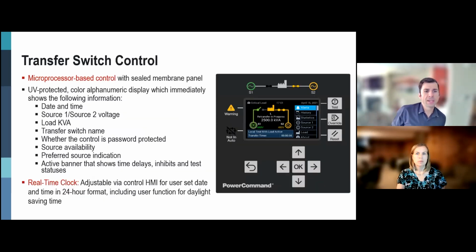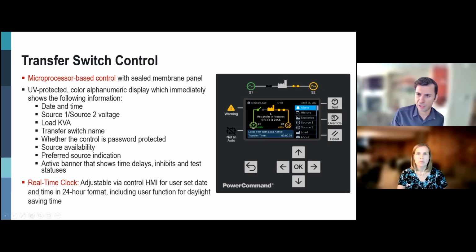Transfer switch controls are typically microprocessor based, with a lot of information readily available from the transfer switch. So you can see date and time, whether the transfer switch is protected with a password or not, contextual icons, and banners that show the countdown for a timer, so what's happening, to keep the operator in touch with what's happening in the system.